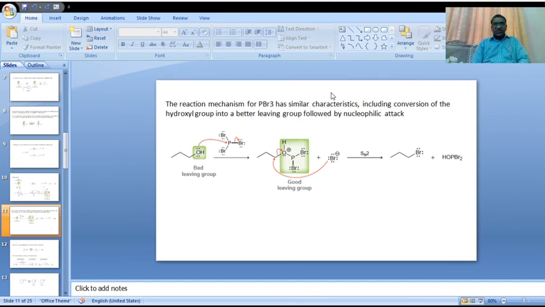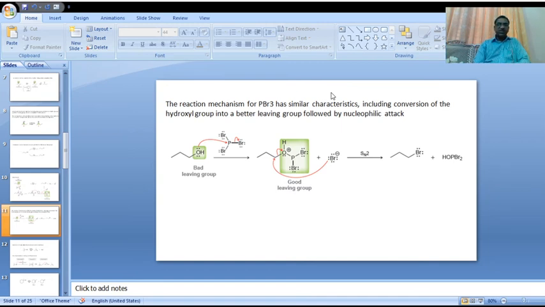The reaction mechanism for PBr3, phosphorus tribromide, has similar characteristics, including conversion of the hydroxyl group into a better leaving group followed by nucleophilic attack.